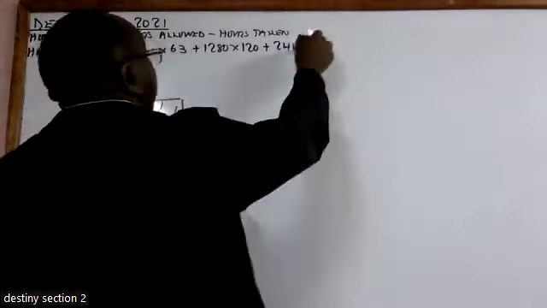And therefore, hours saved will be 7232 minus 5424, which is 1808.